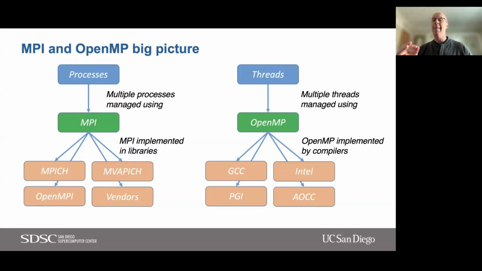Now, threads are going to be managed using OpenMP, and OpenMP is implemented by the compilers, GCC, Intel, PGI, and AOCC, among others. So to date, I haven't seen any major compilers that do not support OpenMP.